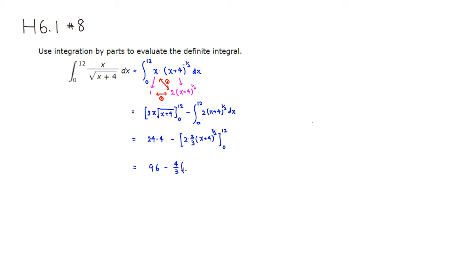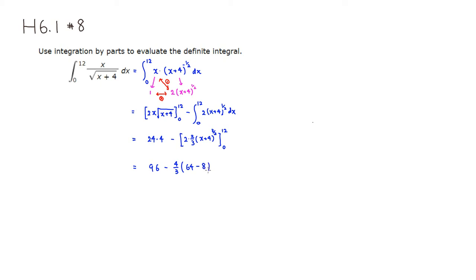Then if you plug in 12 here, 12 plus 4 is 16, the 1/2 power would be a square root, so it's going to be 4, and 4 cubed is 64. Minus, if you plug in 0, 0 plus 4 is 4, the 1/2 power gives you 2, cubed is going to be 8.